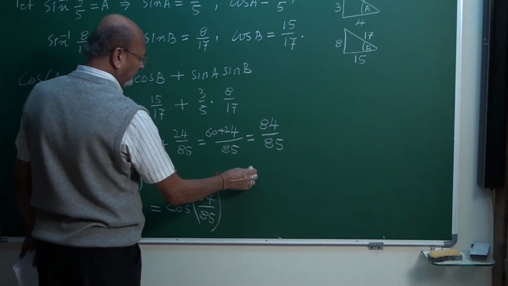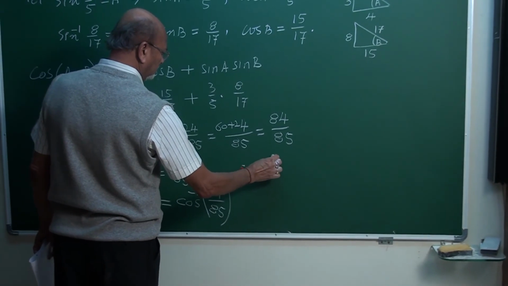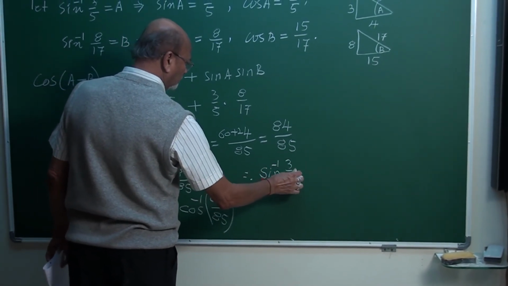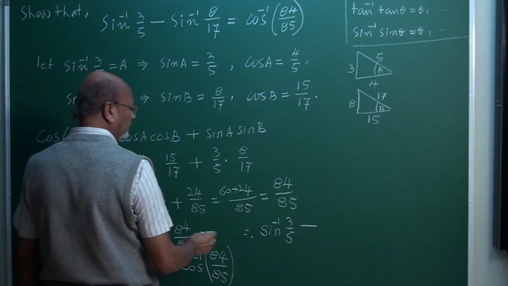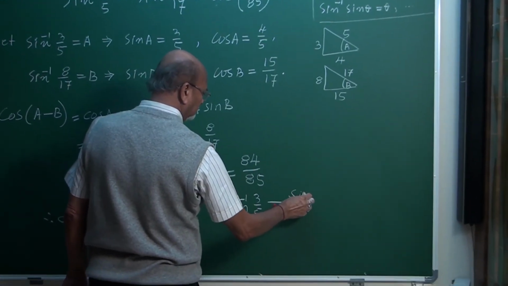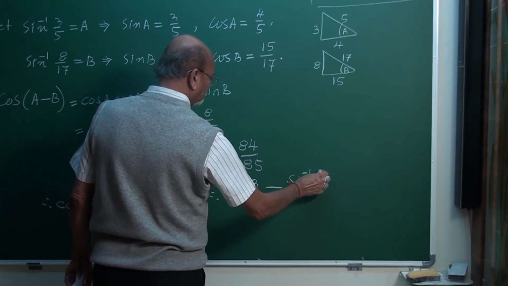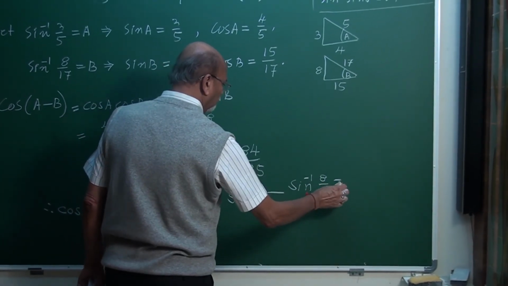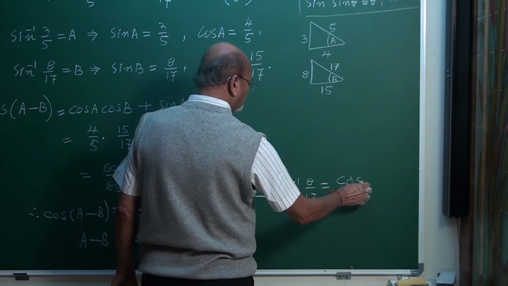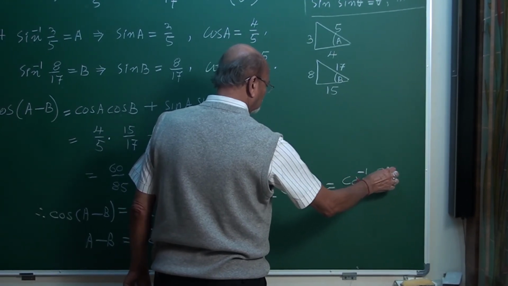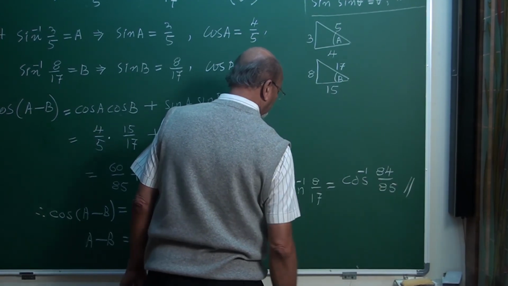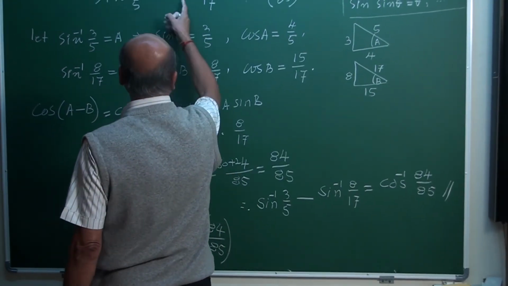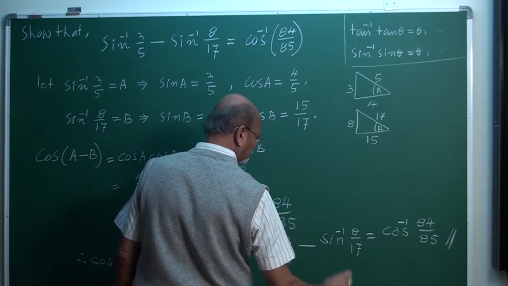Therefore, sin inverse 3 by 5 minus sin inverse 8 by 17 equal to RHS, cos inverse 84 upon 85. Yes, friend. This minus this equal to this.